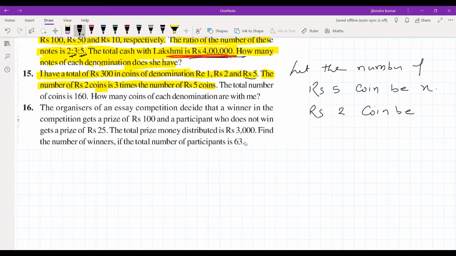Read the second line again. It says that the number of rupees 2 coins is 3 times the number of rupees 5 coins. If the number of 5 coins is considered as x, then what will be the number of rupees 2 coins?